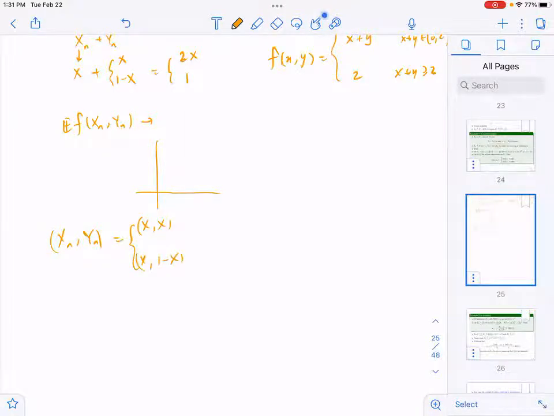The distribution of x, x, if I want to plot it in the xy plane, what would it look like in terms of the point clouds? A random variable whose coordinates are x and x, where x is uniform. It would be uniformly distributed on this 45-degree line.